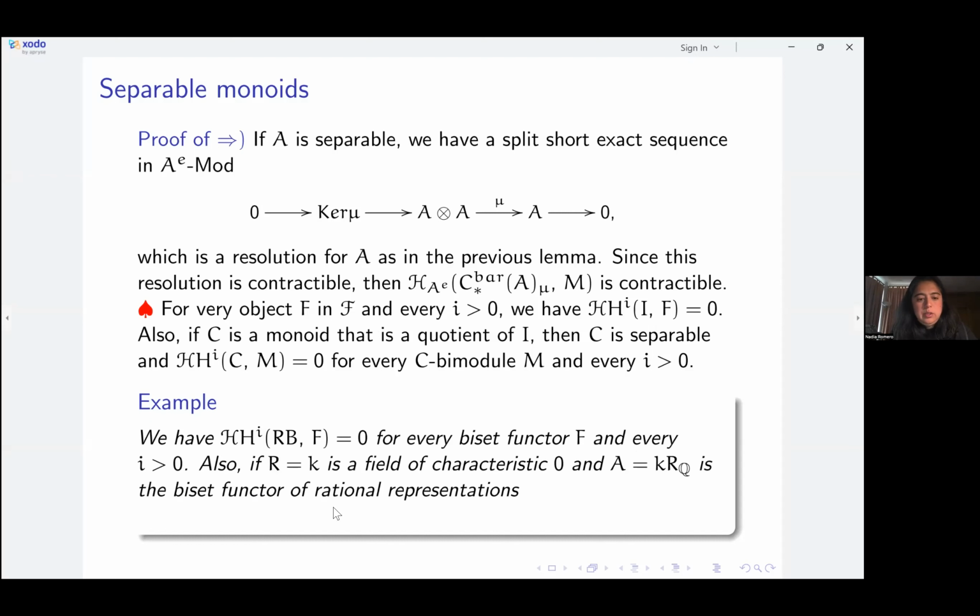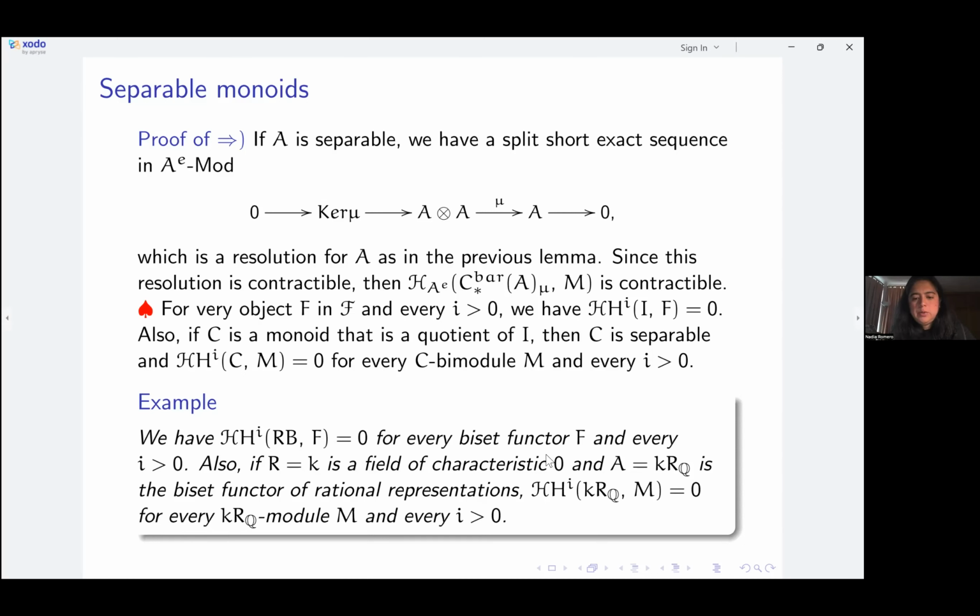And also, if we consider this other functor, now we're taking a field of characteristic 0, and we're taking the biset functor of rational representations. This is known to be a quotient of the Burnside functor. It's a very old result in the theory of representations of groups. It is also a monoid, it's a commutative monoid. And so we can say this in a more precise way.